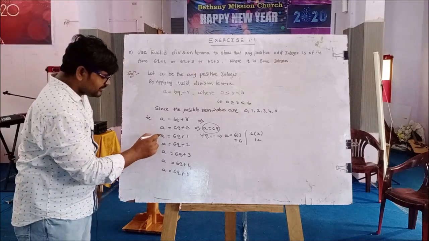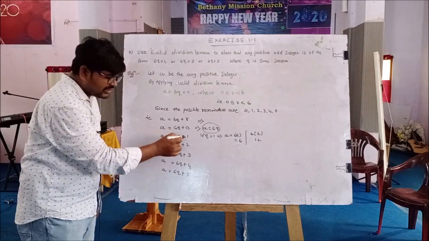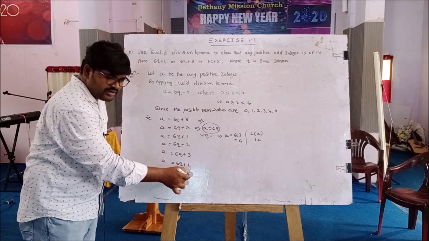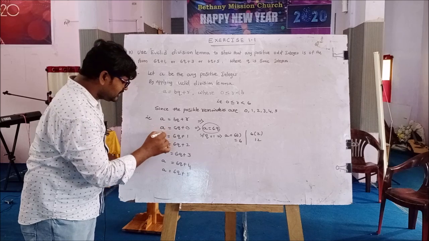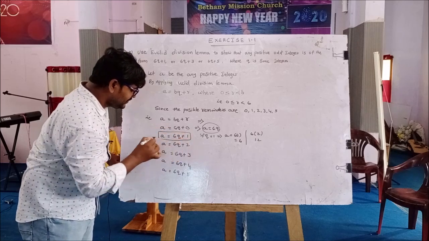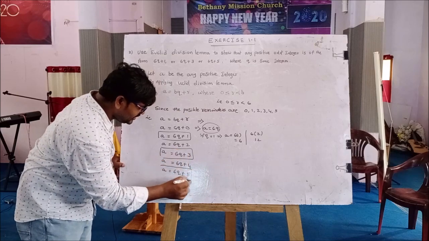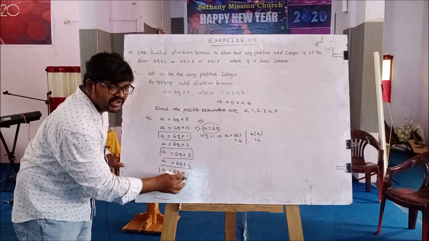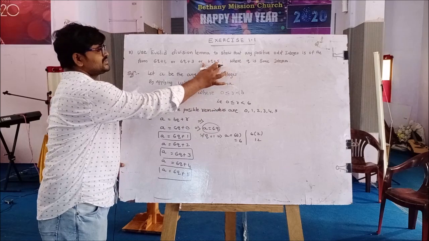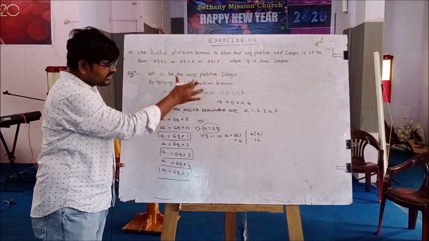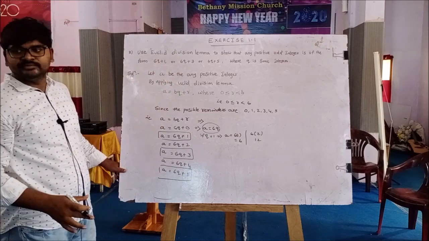And the remaining numbers: A equals 6q plus 1 is odd, 3 is odd, and 5 is odd. So A equals 6q plus 1, A equals 6q plus 3 and A equals 6q plus 5 are odd positive integers. Clear? This is the proof of the given problem.